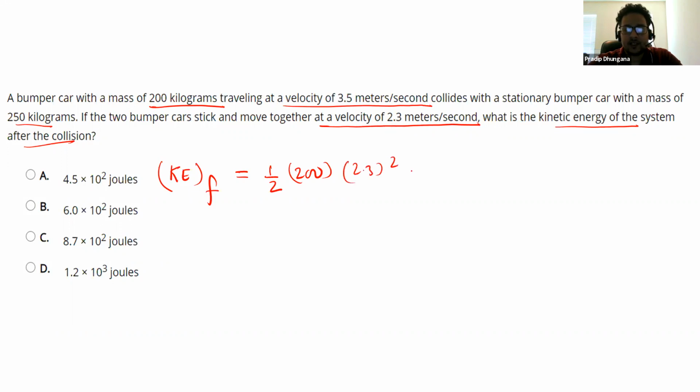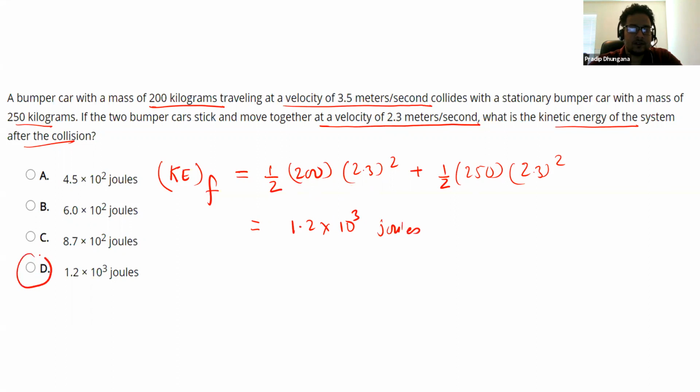That's for the first car, and for the other car it's 1/2, its mass is 250 kilograms, and they both move with the same velocity, 2.3 meters per second squared. After that, just simplify that value with the calculator, and you'll get around 1.2 times 10 to the power 3 joules. The correct choice is D. Correct choice is D. And in that way, you can solve this problem.